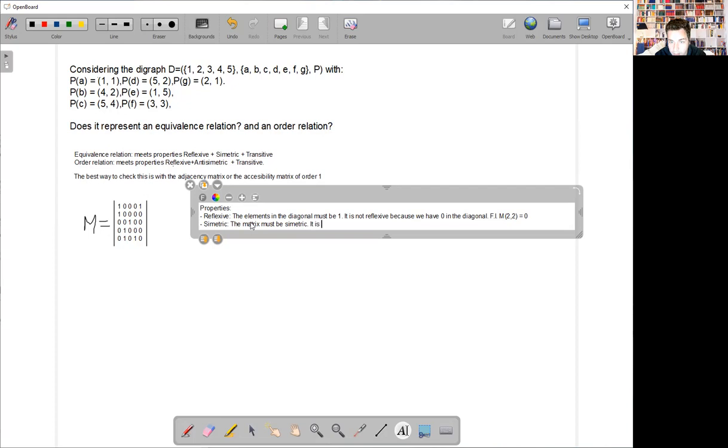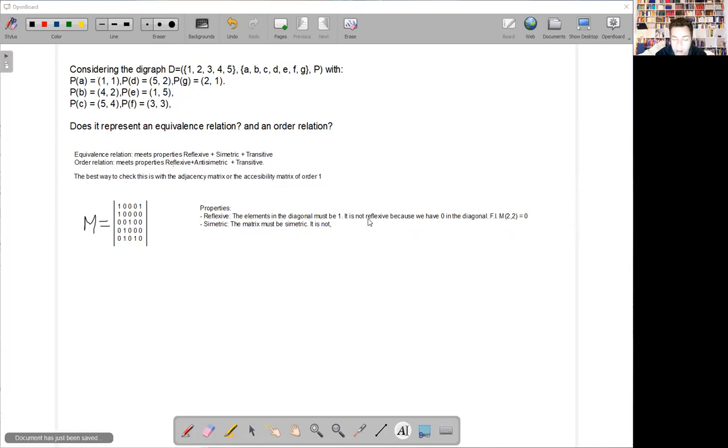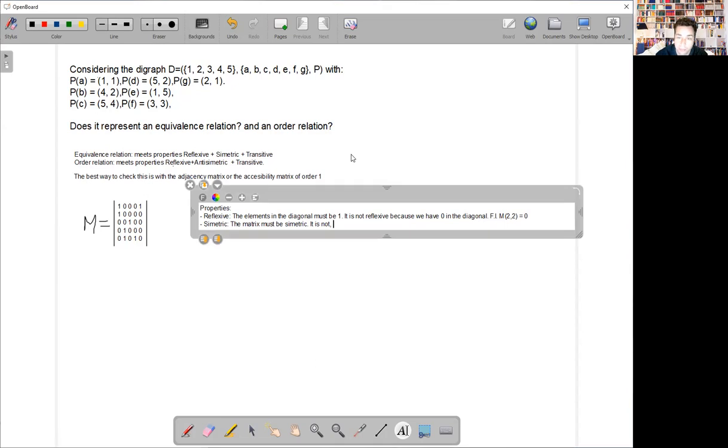And it is not, right? For instance, remember that we have defined what is a symmetric matrix in one of the first exercises, right? For instance, the element 1, 5, right, is equal to 1, and the element 5, 1 is equal to 0, right?